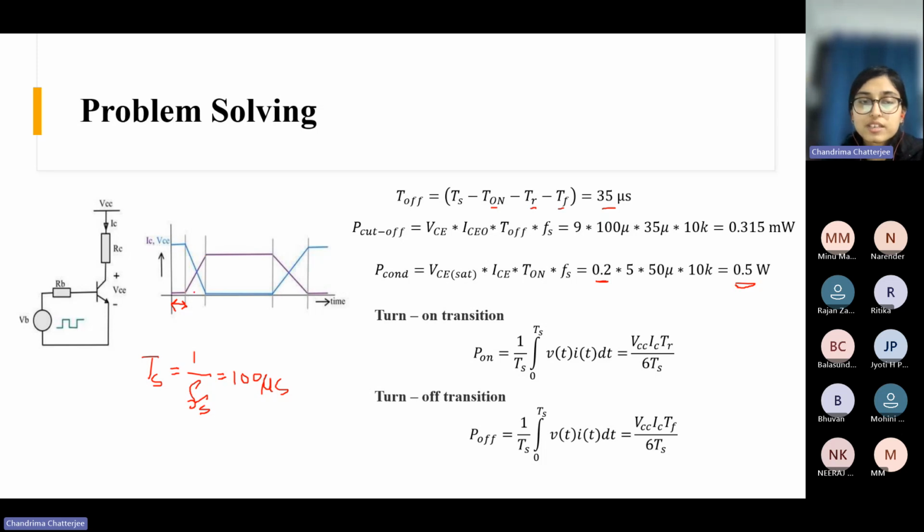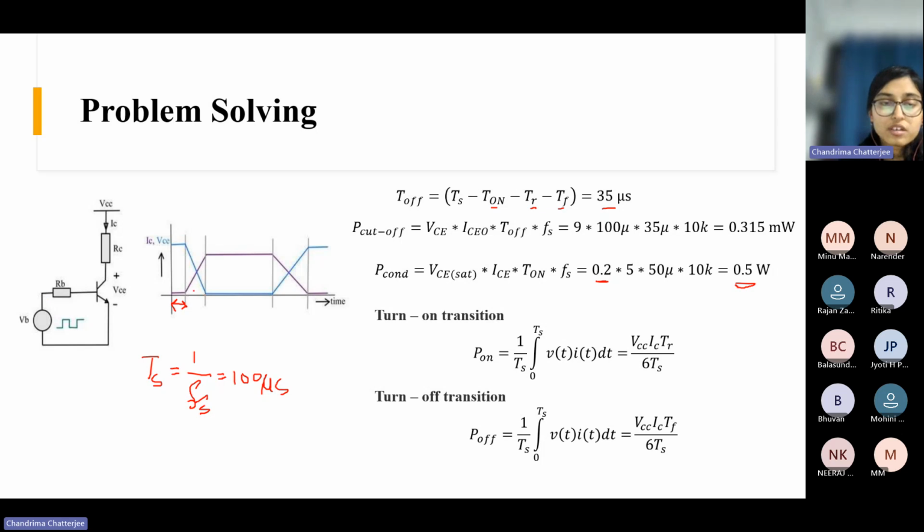Both quantities vary with time, so you need the expressions of v(t) and i(t) and integrate over the time period.